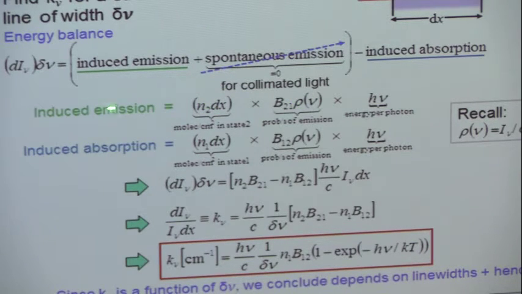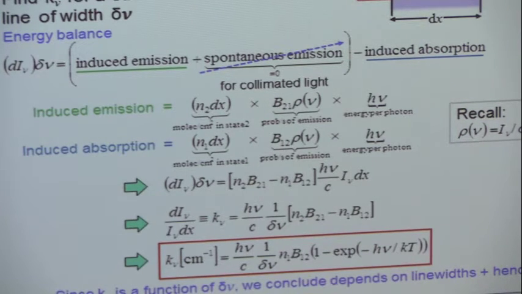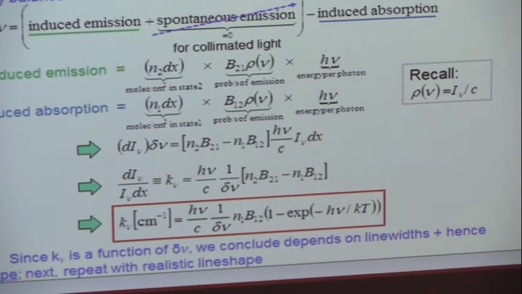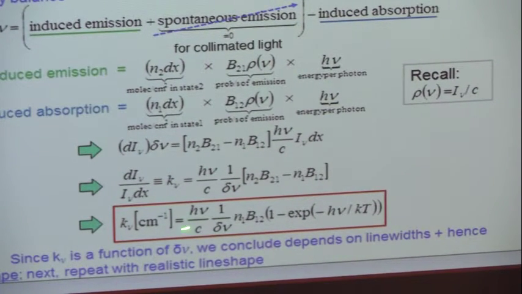So I'm keeping track of the emission term and the absorption term, making use of my simple relationship here, going back and trying to solve this equation, and I find K. It's just algebra. This allows me to find K, the spectral absorption coefficient per unit length, in terms of a coefficient. I could have written this in terms of A or B21, and it does depend upon the line width.